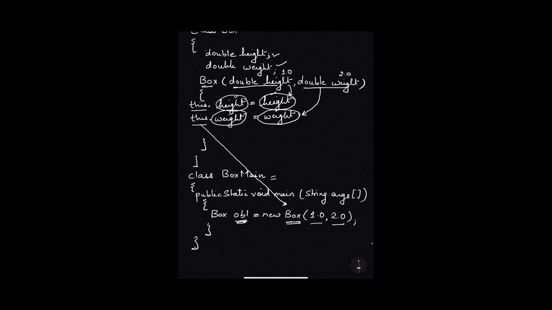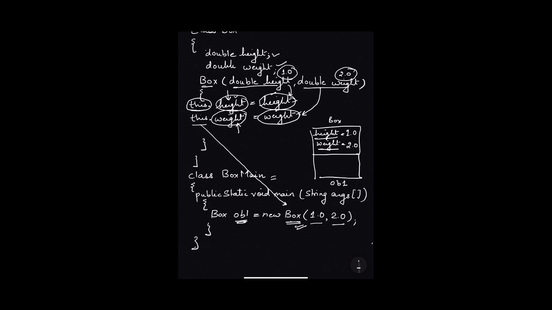So I can say this belongs to box, meaning if I make a class diagram, then the height and weight instance variables assigned to my object 1 of class box will be this height and this weight on the left side of the equals sign, whereas the height and weight on the right will carry the values passed by the user in the arguments, 1.0 and 2.0, and will be assigned to these variables.